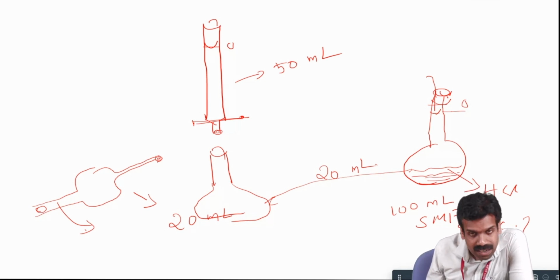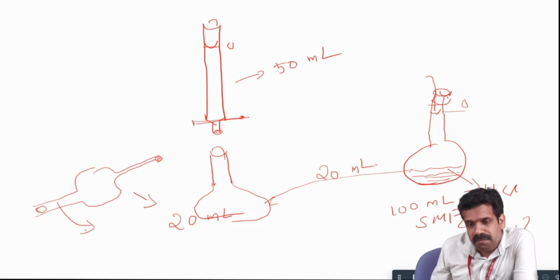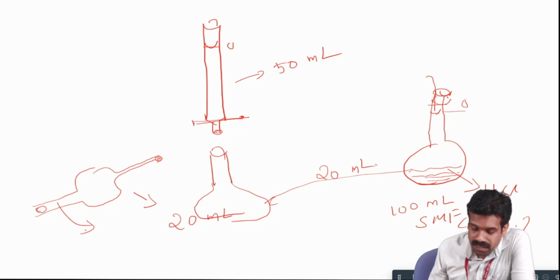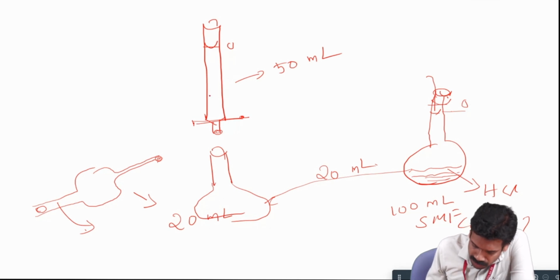Since it is a colorless solution, always remember you should fill the burette up to the mark, keeping the lower meniscus touching the zero. While filling the burette, there should not be any air bubble at the bottom of the burette. You should also avoid parallax error by keeping your eyes in a straight line while measuring the lower meniscus. So the NaOH solution is taken in the burette.